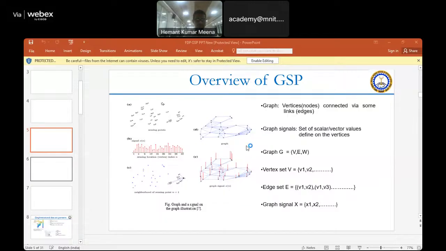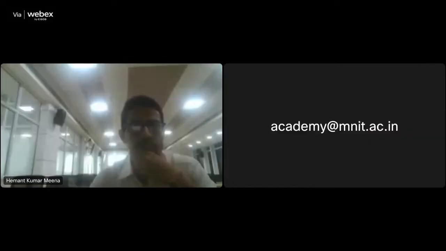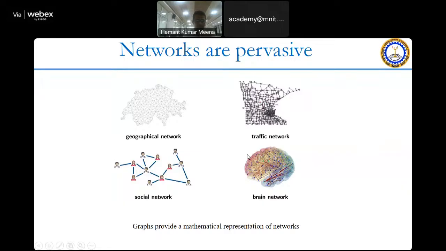So now coming to the slide part. Now what we are saying: geographical network, traffic network, brain network, these are basically different networks.